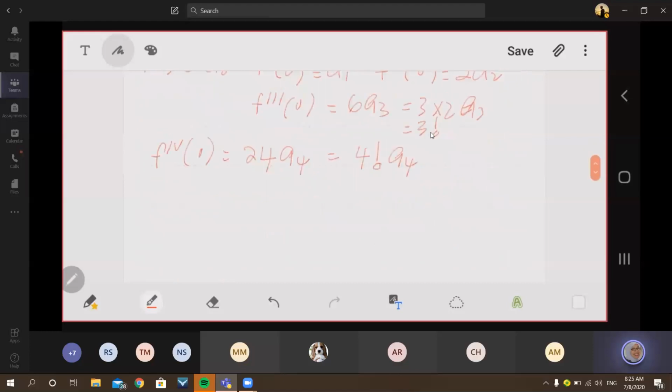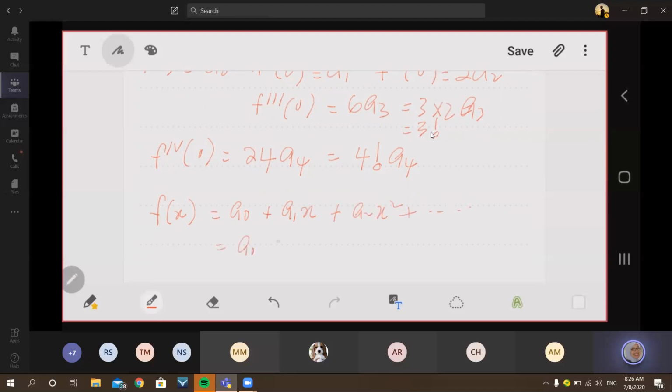So that's why we can express f of x as a naught plus a1x plus a2x squared and so on.